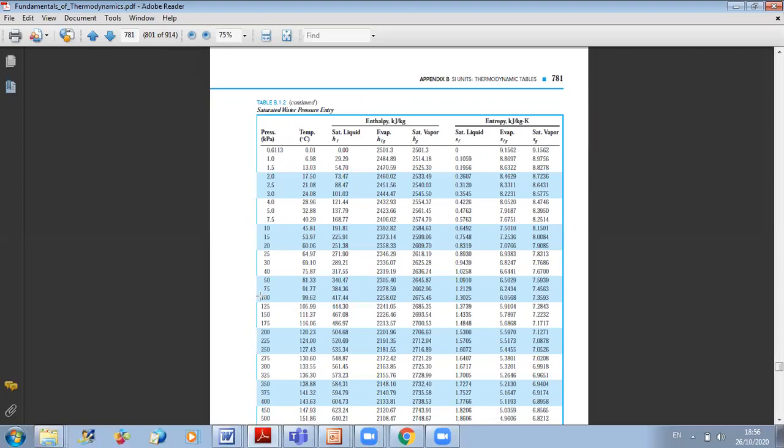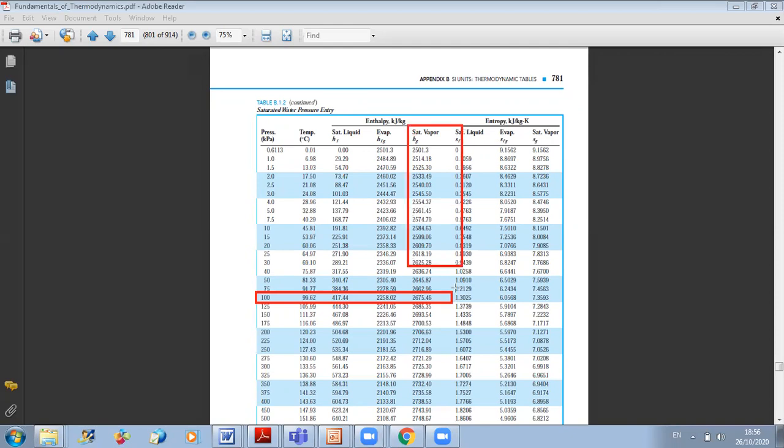This is the 100 kilopascal here. And I want to take Hg, the saturated vapor value. Hg, which corresponds to a quality of 100%, gives me that H is 2675.46. If I compare with the previous value, it should be the same.